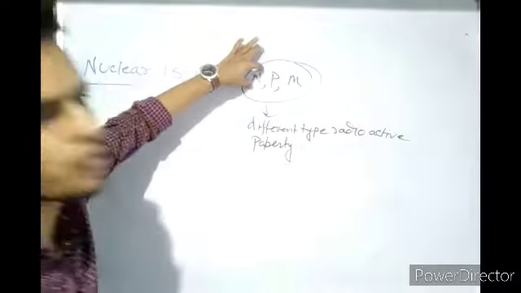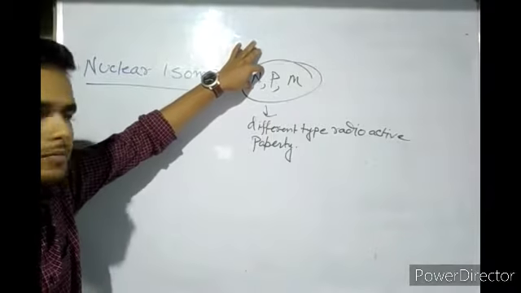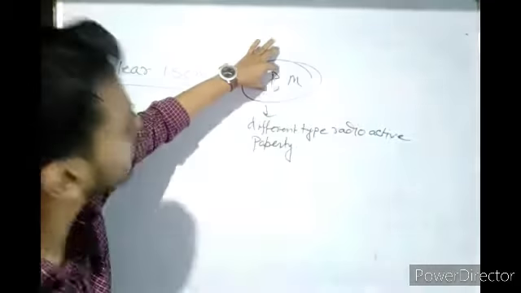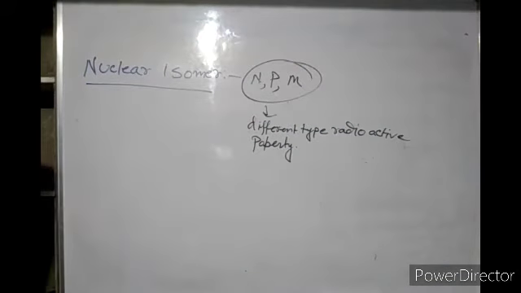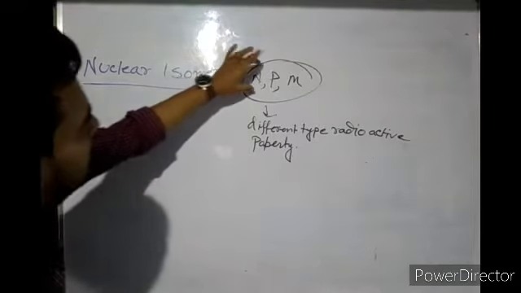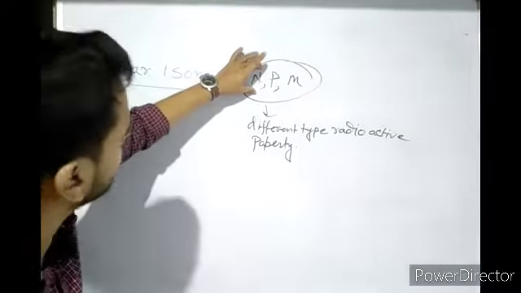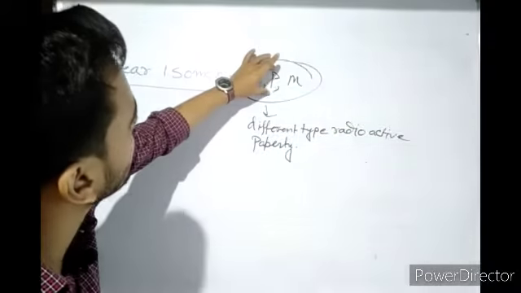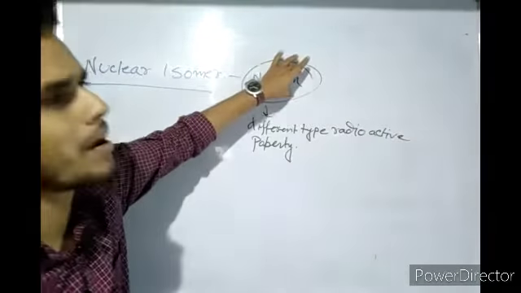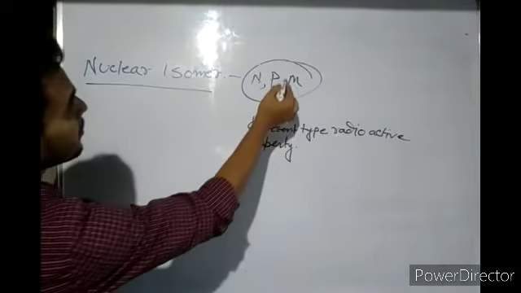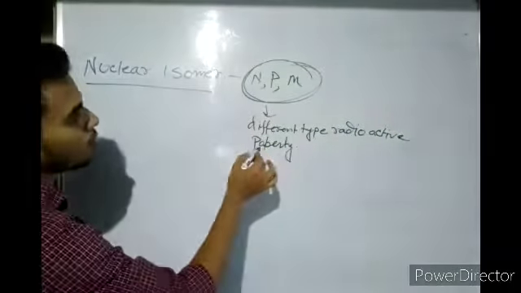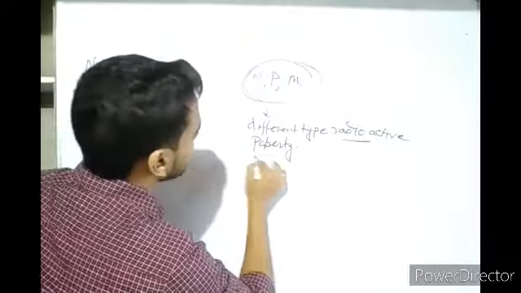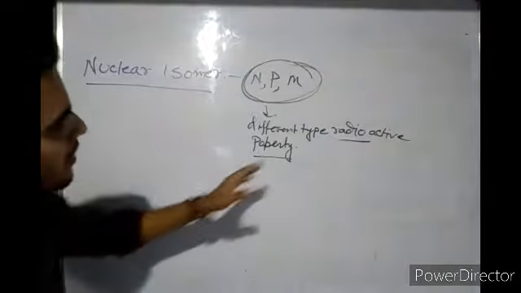Same number of neutrons we know is isotone, same number of protons is isotope, same mass number is isobar. But those nuclei where these three are the same, yet which show different radioactive properties, are called nuclear isomers.